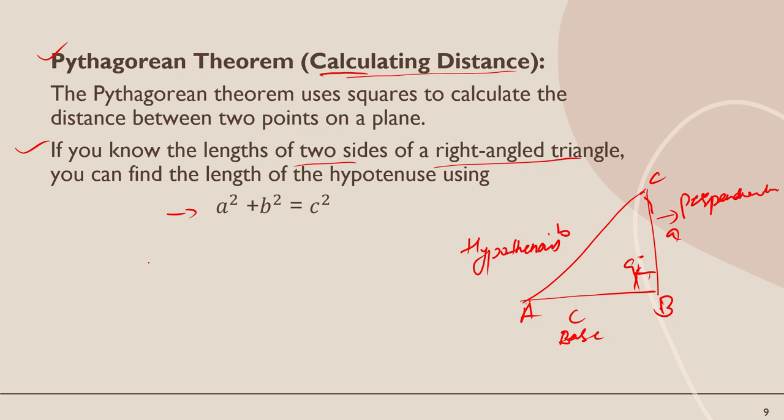Basically, let's suppose that it is a square of this side, for example perpendicular square, and it can be defined as perpendicular square plus base square is equal to hypotenuse square.